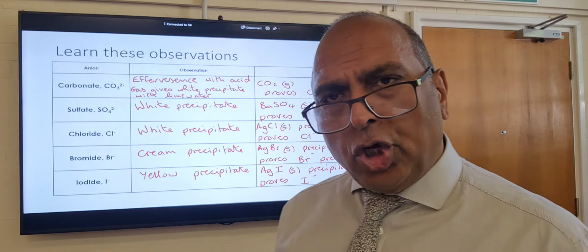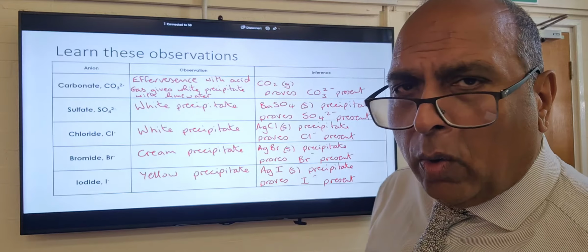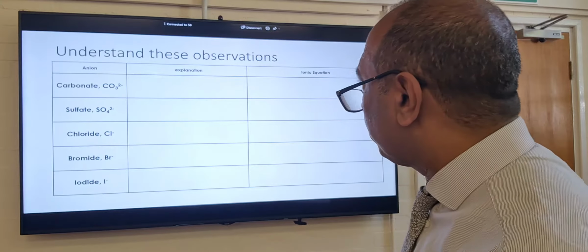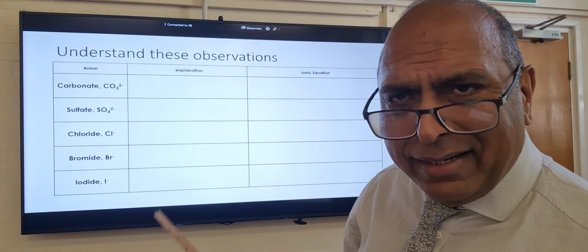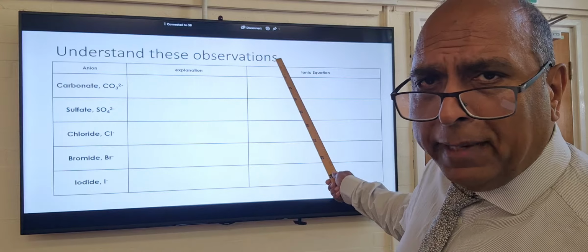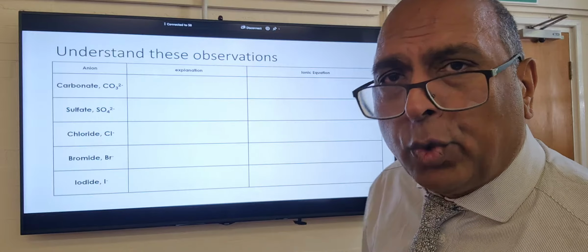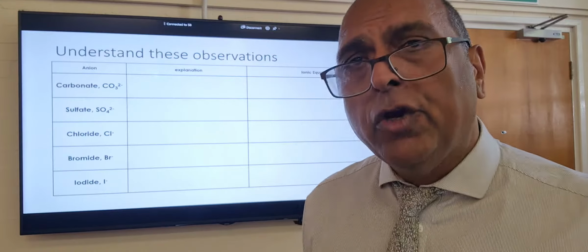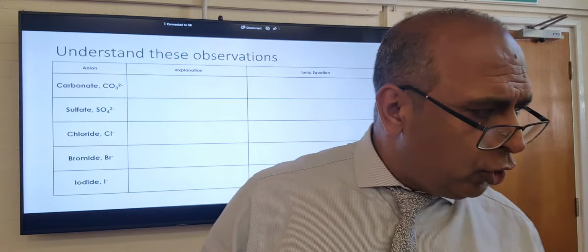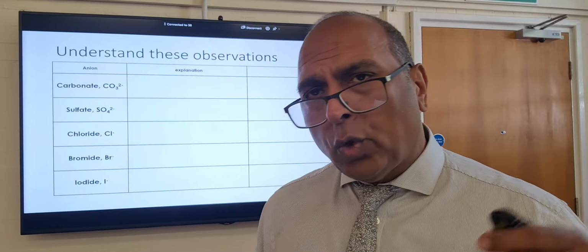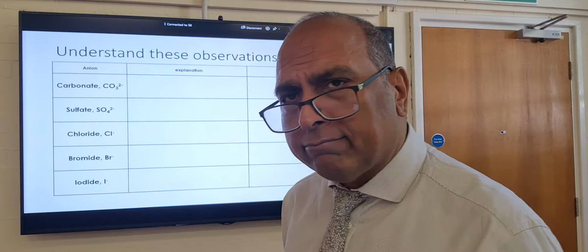So you need to know the observations and know what the observations mean. And then finally, I want you to be able to write an ionic equation for each of these reactions. Fundamentally, the ionic equation will tell us clearly what is being made.